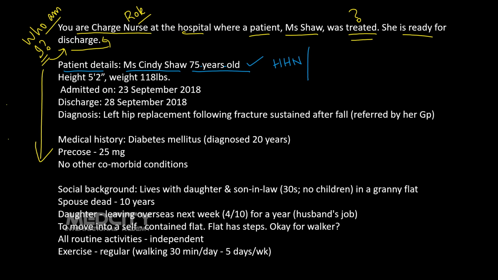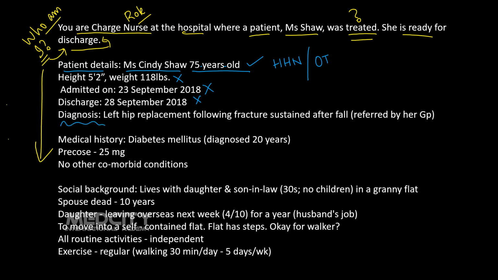So the name and the age, and even the occupational therapist is new. So he or she will have to have information regarding the patient's name and age. So that's an information that is common across both these recipients. What else? Height, weight, well, not required. Admitted on, not required. Discharge date, not required.